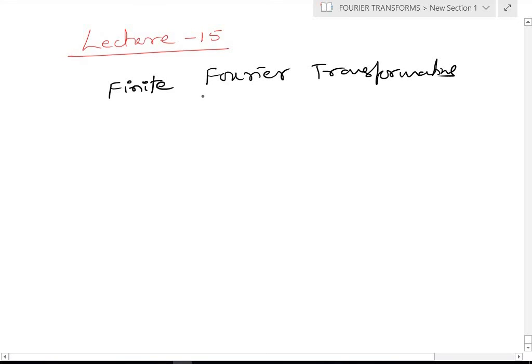Finite Fourier transformation means the interval of integration is not infinite, it will be finite. So in infinite Fourier transformation, we have the integration from minus infinity to plus infinity, correct?